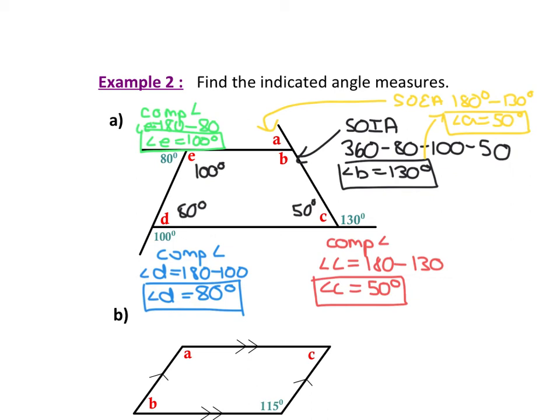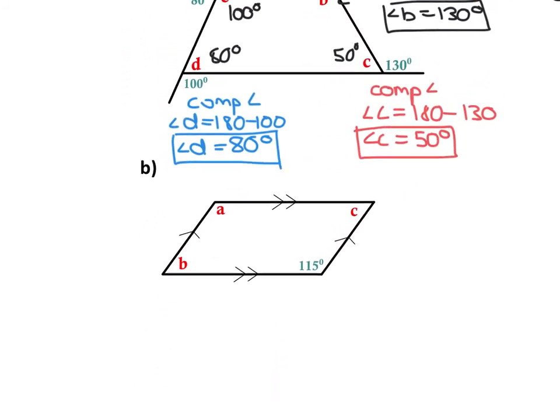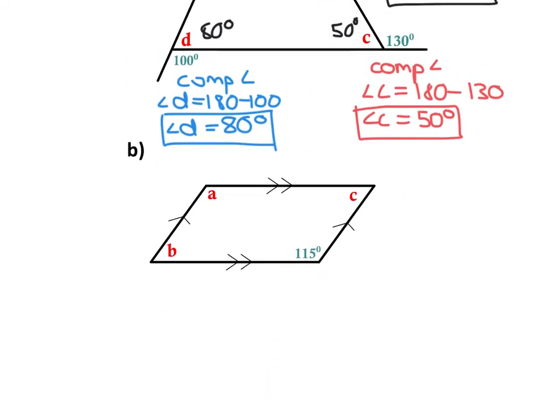So just take note too when we're dealing with parallel lines here. So these all represent parallel lines. So that's a set of parallel lines and that's a set of parallel lines.